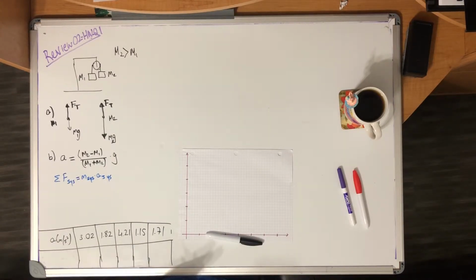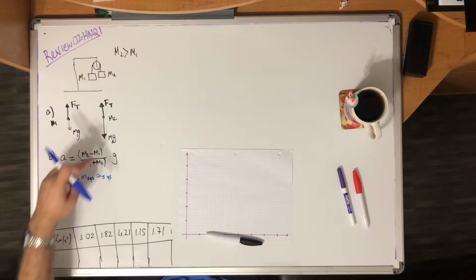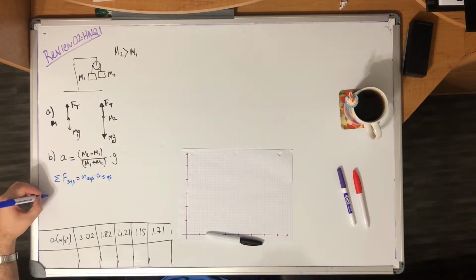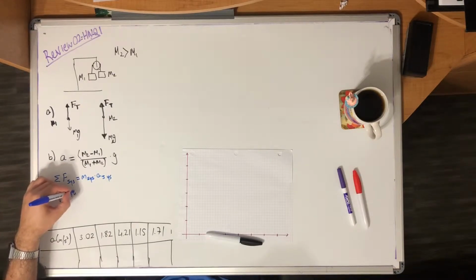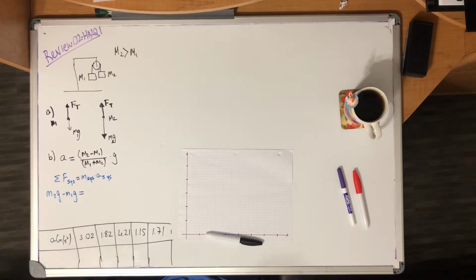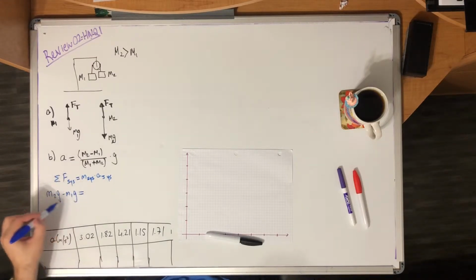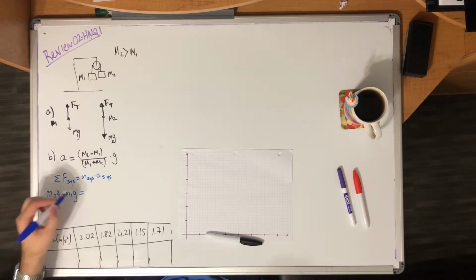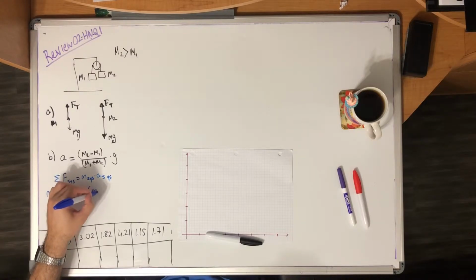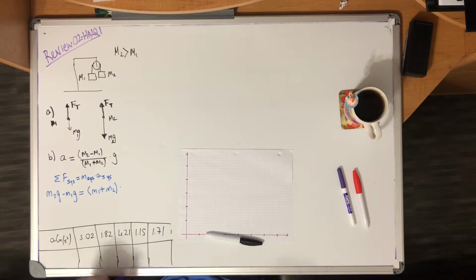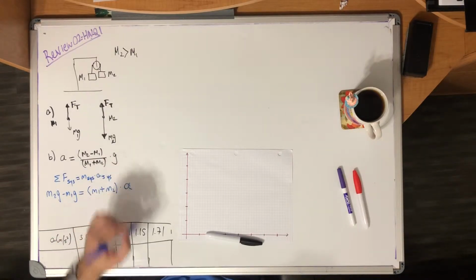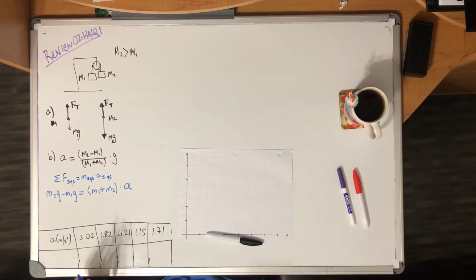So total force in the system, since M2g is more, you can simply say M2g minus M1g is going to be equal to total mass, so this total force, whatever that is, is going to be moving M1 plus M2 mass together times the acceleration of those two objects.